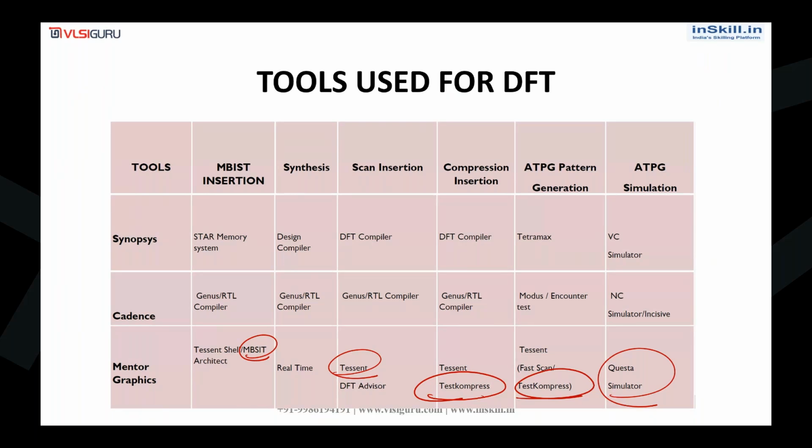So at one point, we need to do the synthesis. Synthesis alone we'll be making use of the Synopsys tool, which is the Design Compiler. For all the other steps, we will be making use of the Tessent tools, Mentor Graphics tools: Tessent MBIST, Tessent Scan, Tessent TestCompress for compression and ATPG, and for simulation, it will be Questasim.